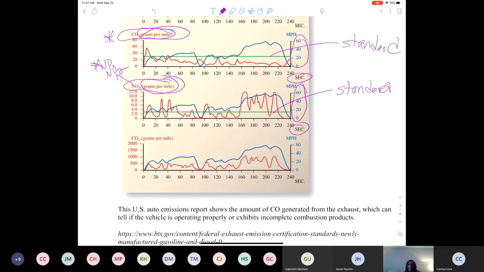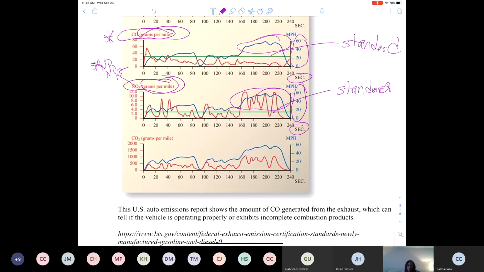You can see that as far as carbon monoxide, after the engine's been running for 160 seconds or greater, you start to exceed the EPA standards. And the same thing for the nitrogen oxides. Once you pass the 160-second mark, that vehicle starts to not pass the standard regulations for that air pollutant.